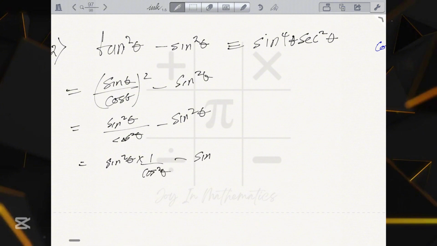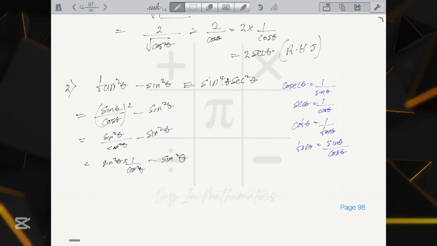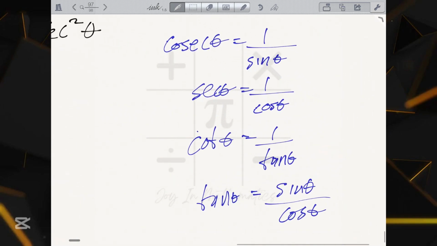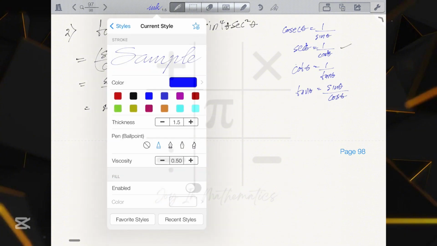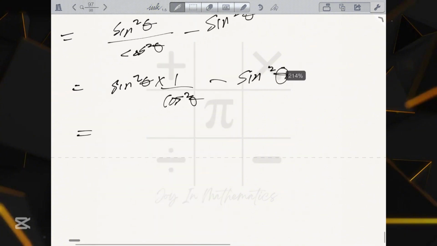minus sine squared theta. Now if you look at this closely, 1 over cos squared theta will be equal to sec squared theta. So let's change our ink to black, and we'll have here that 1 over cos squared theta is equal to sec squared theta.